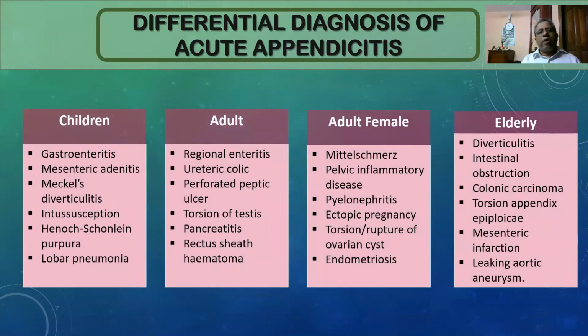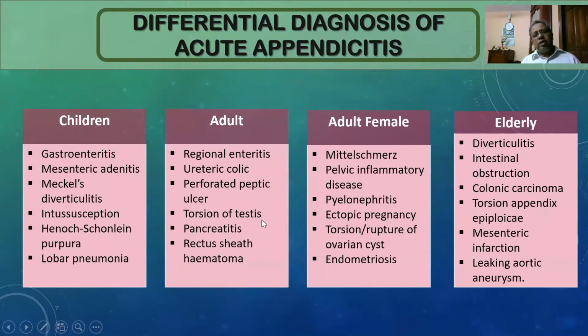Differential diagnosis of acute appendicitis: there is a lot written in the books. I can only utter the names: gastroenteritis, in children mesenteric adenitis, Meckel's diverticulitis, intussusception, Henoch-Schonlein purpura, lobar pneumonia, in adults regional enteritis, ureteric colic, perforated peptic ulcer, torsion of the testis, pancreatitis, rectus sheath hematoma.